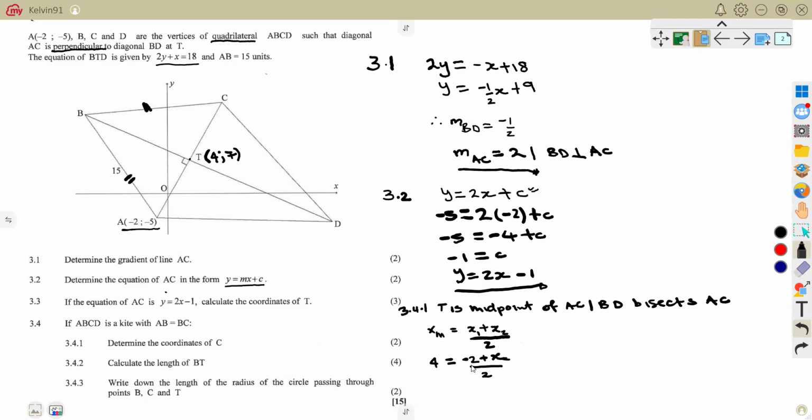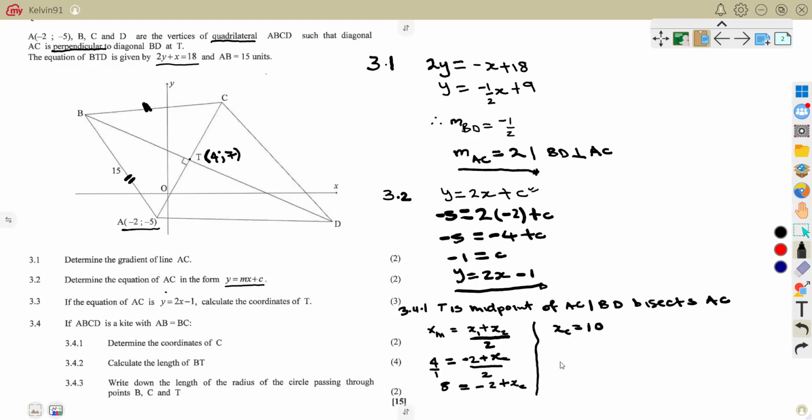When you cross multiply, because this is over 1, we are left with 8 being equal to negative 2 plus the x-coordinate at C. So conclusively, the x at point C will be equal to 10.